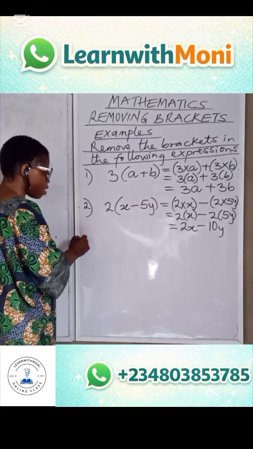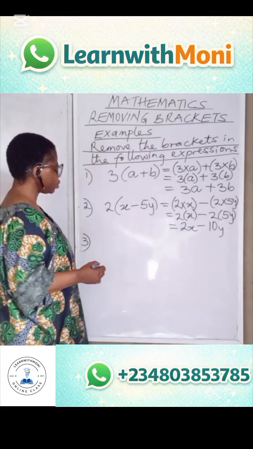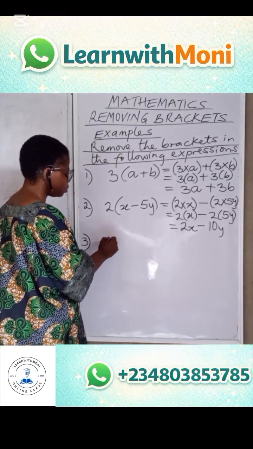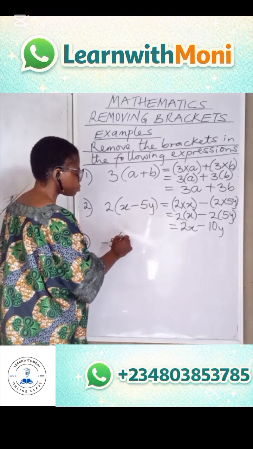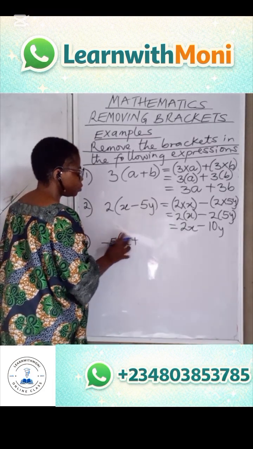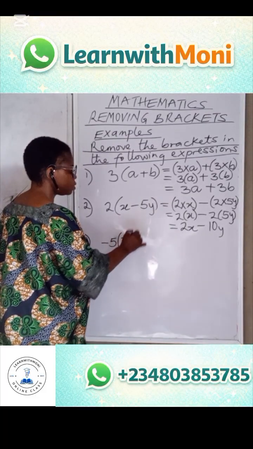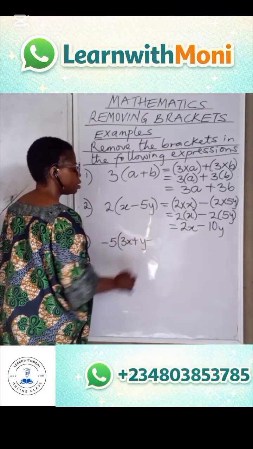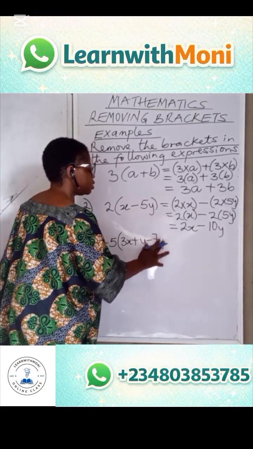It's possible for us to have more than 2 terms in the bracket. Let us look at a situation where I have minus 5 multiplying 3x plus y minus 7z.